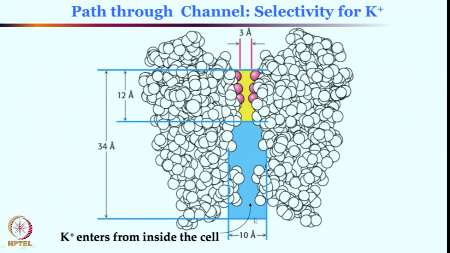The smaller ions will pass through all these. For example, lithium and sodium are smaller than potassium, but why are lithium and sodium not passing all the way from inside the cell to outside the cell through this channel of potassium?